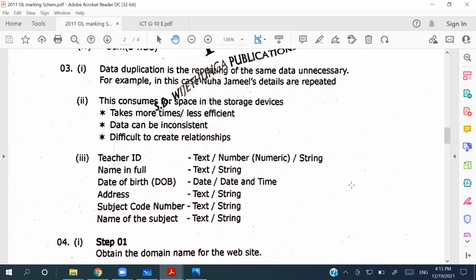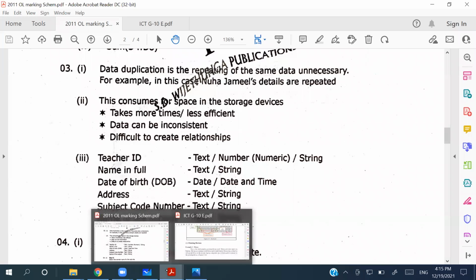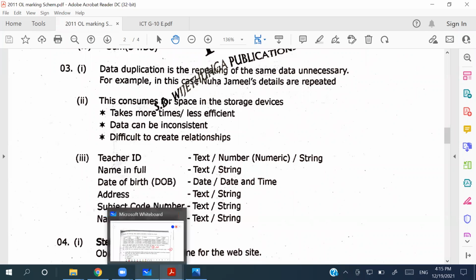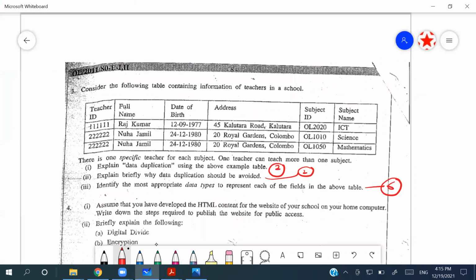And why they have said text or strings, sometimes they give it as text, sometimes we get it as strings. Right? So here you can have 6 marks for the last data type explanation part.